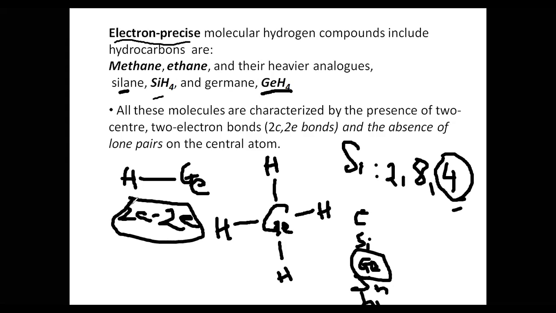Remember the point. A normal bond is a 2 center, 2 electron bond, and there is no lone pair on the central atom. It is a very normal bond.